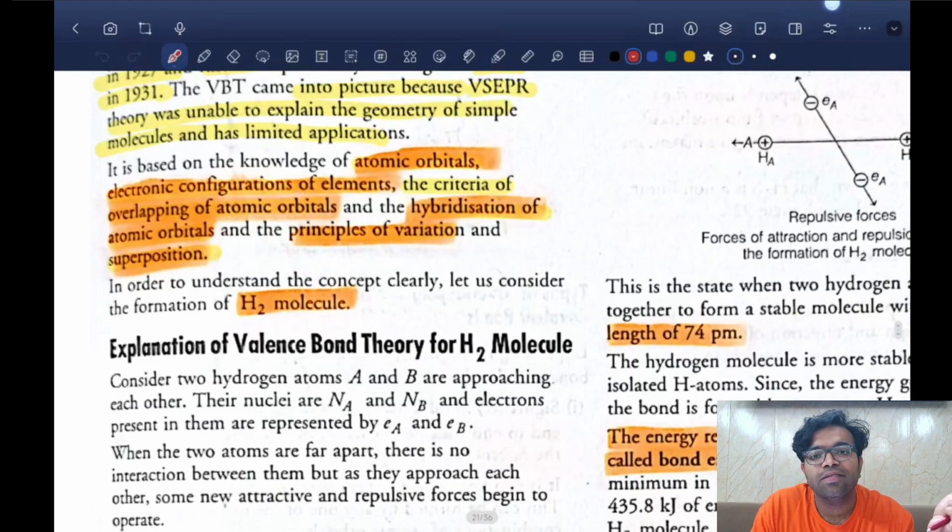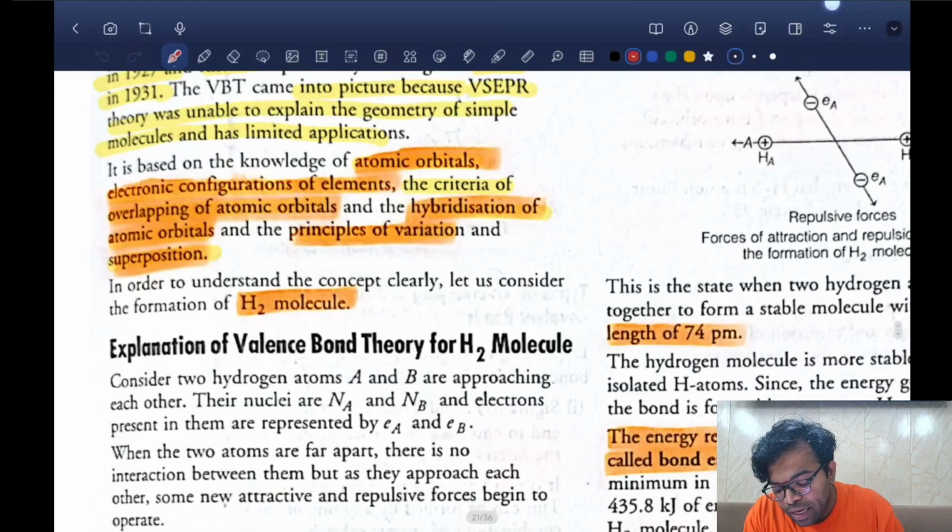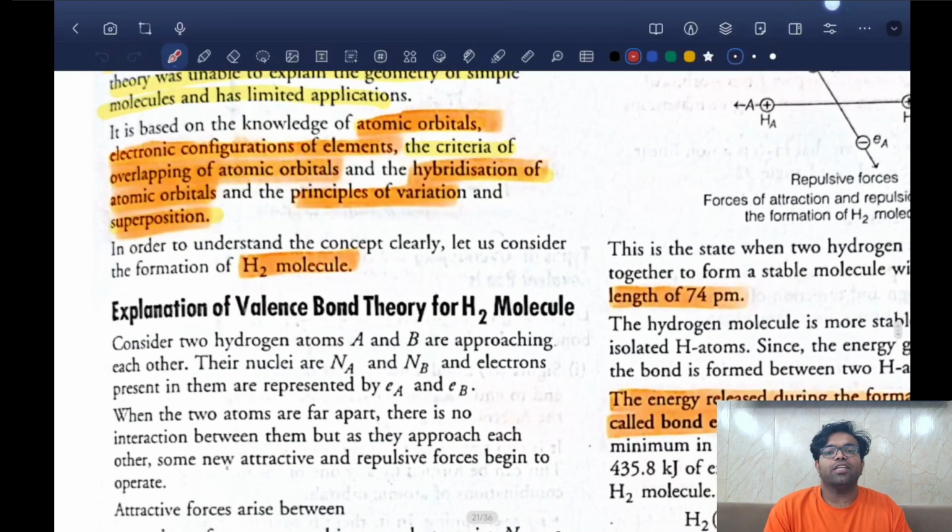Orbitals are places around the nucleus of an atom where the probability of finding an electron is the maximum. It is based on the knowledge of atomic orbitals, electronic configuration of elements, the criteria of overlapping of atomic orbitals, the hybridization of atomic orbitals, and the principle of variation and superposition. We are going to understand each and every single line that I have just discussed below.